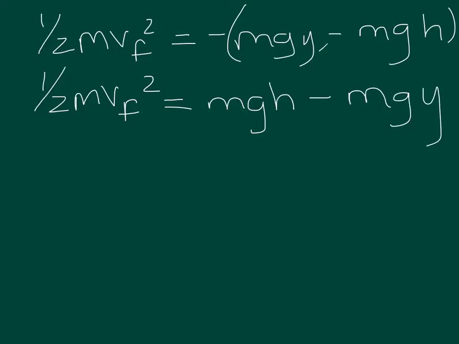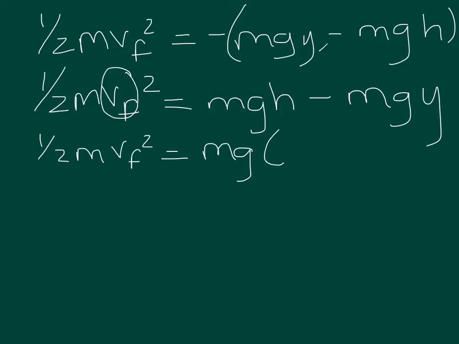Ultimately we're going to get this final velocity, like we said. That's our goal. I have a mass on one side and a mass on the other side, so we'll see that those are going to cancel. But let's factor out m and g on the right-hand side. So 1/2 mv final squared equals mg times h minus y.